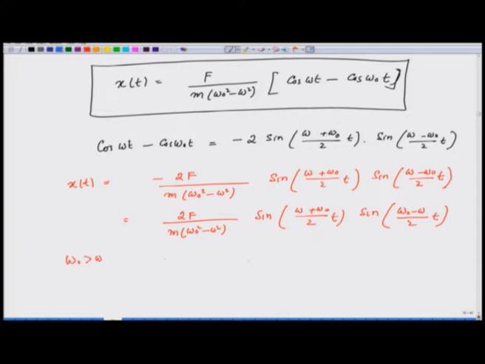So, the final solution is x(t) equals A sine of capital omega t times sine of delta omega t, let me call this delta omega because this is a small number if omega 0 and omega are close, where amplitude A is 2F over m (omega 0 square minus omega square), capital omega is (omega plus omega 0) over 2 and delta omega is (omega 0 minus omega) over 2.